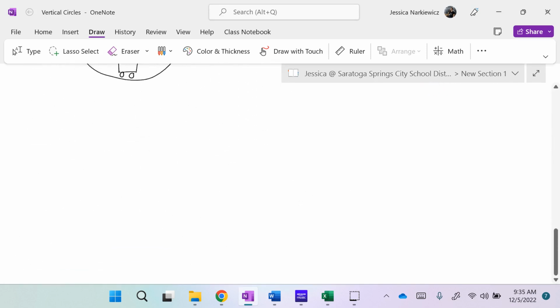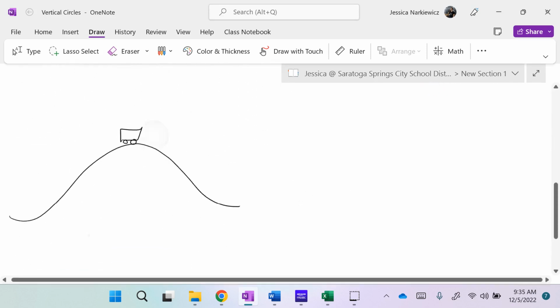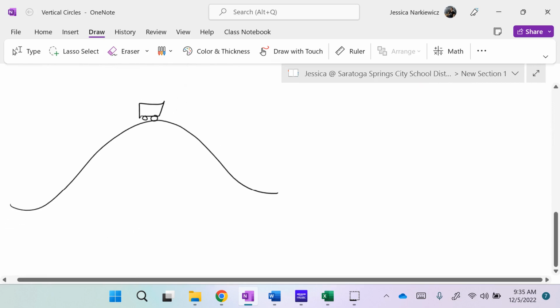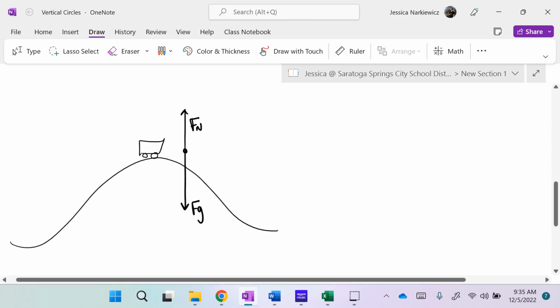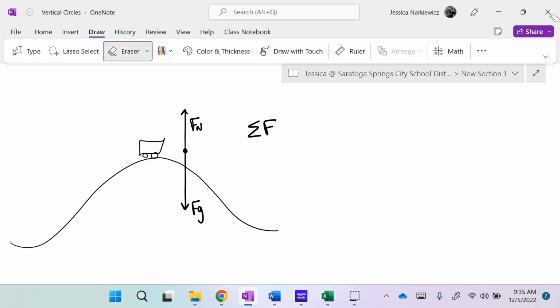All right, we got 2 more examples. Again, dealing with normal force. This one is going to be going over the top of a hill. Okay, so here we have our force of gravity pointing downward and our normal force pointing upwards. Okay. So our net force is the centripetal force.